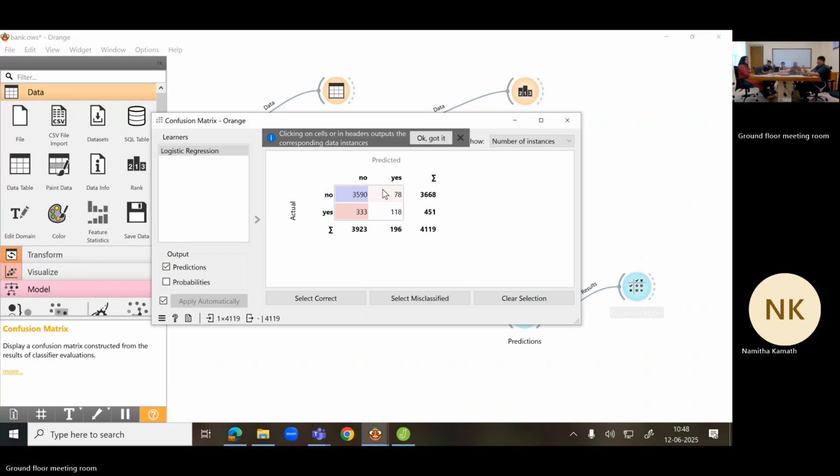There are two measures which look into the accuracy aspects of false negatives and false positives. The one measure is called recall, or sensitivity.